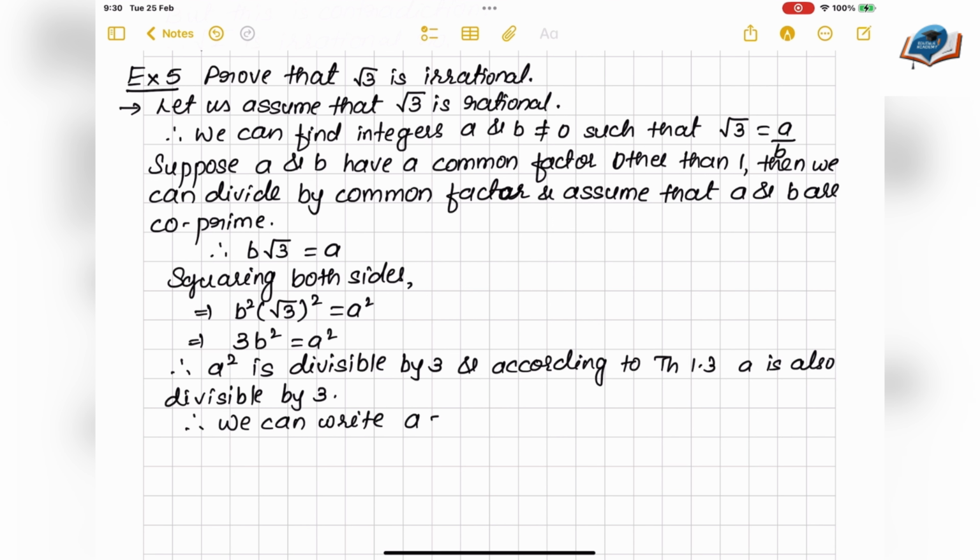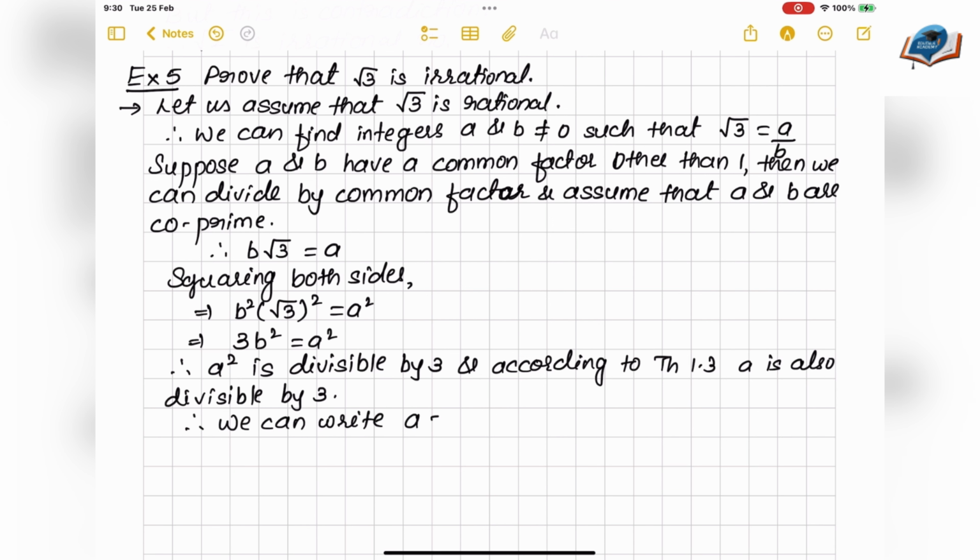But this contradicts the fact that root 3 is irrational. Therefore, 5 minus root 3 is irrational.